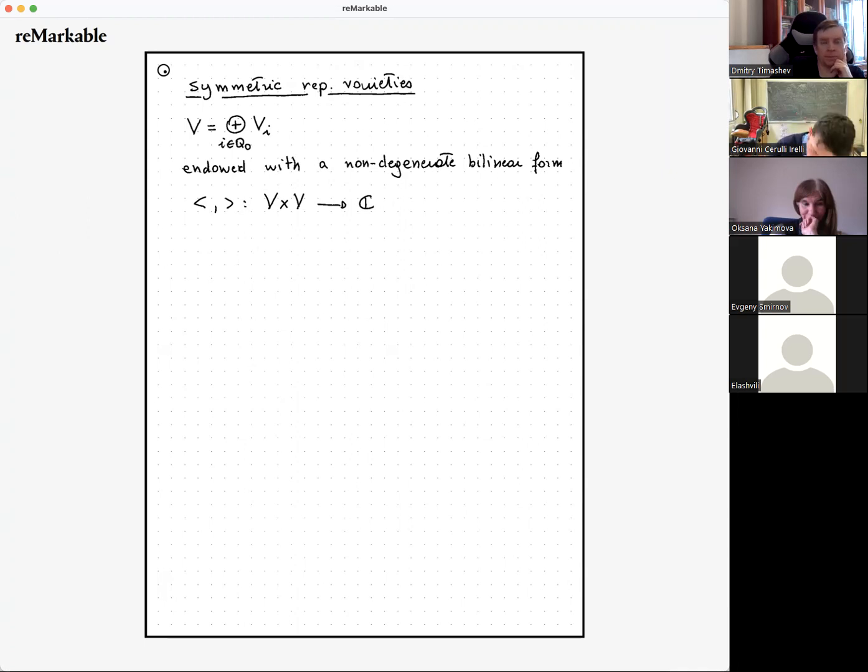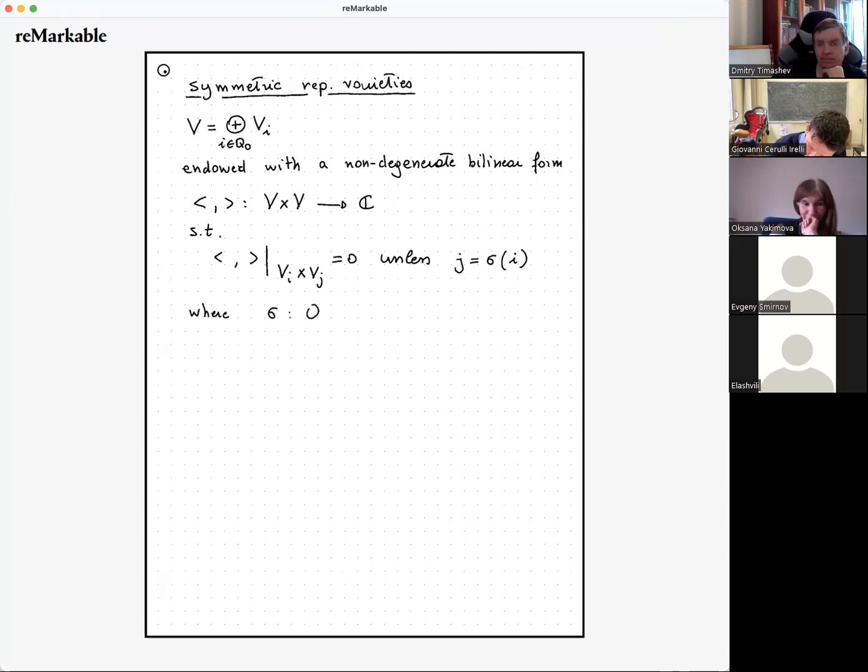And in this theory, we want to identify a vector space in a vertex with the dual vector space in another vertex. So this form is not too complicated. We want that the form restricted to V_i times V_j is 0, unless j is some fixed vertex that depends on i, so we call it sigma(i).